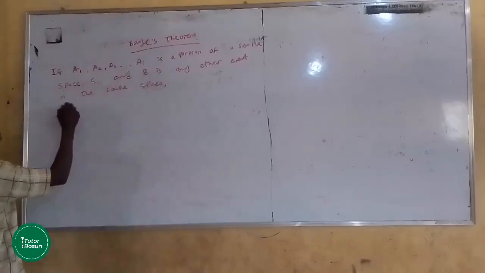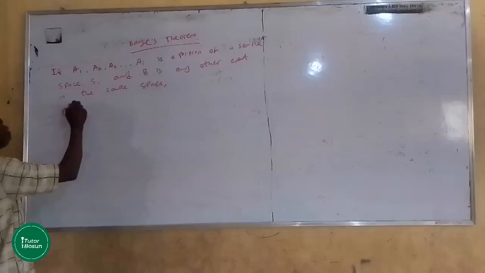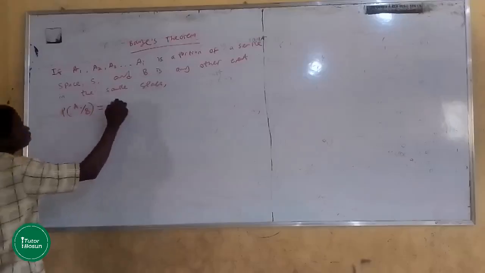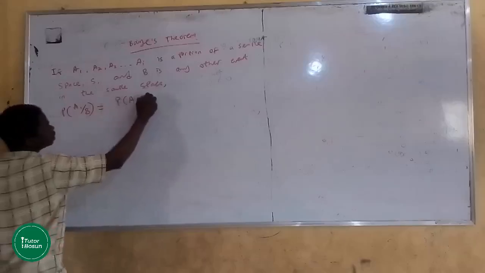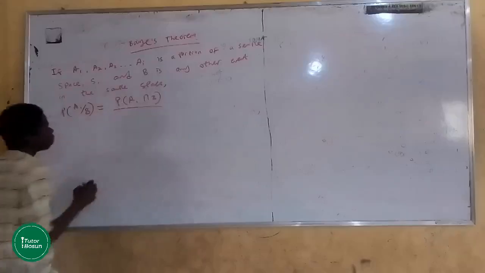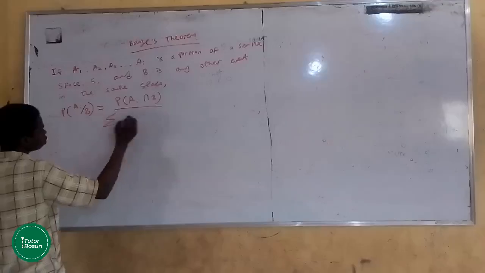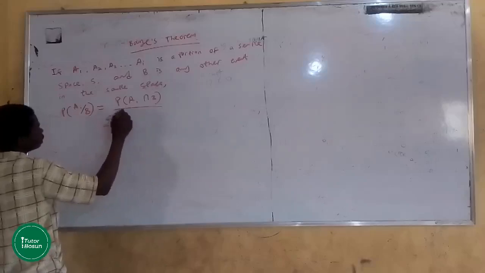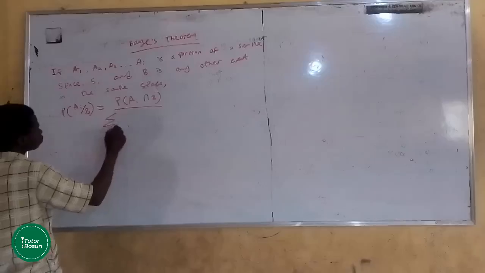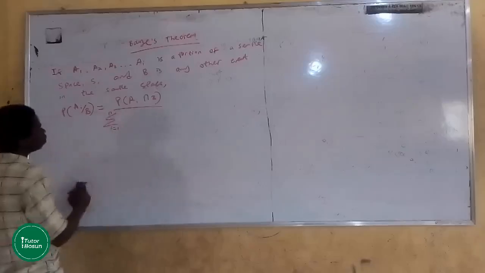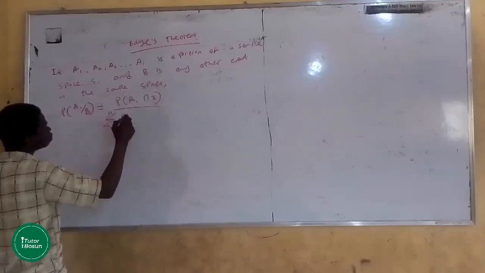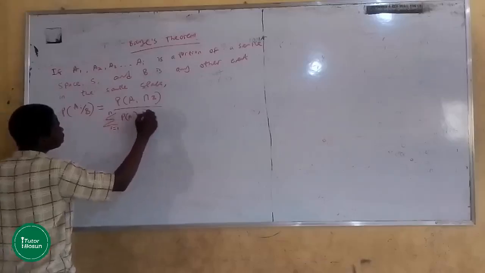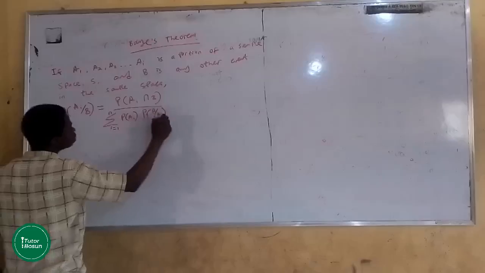the conditional probability of Ai given B is definitely the probability of Ai intersection B over the summation from i equals 1 up to n of the probability of Ai multiplied by the probability of B given Ai.